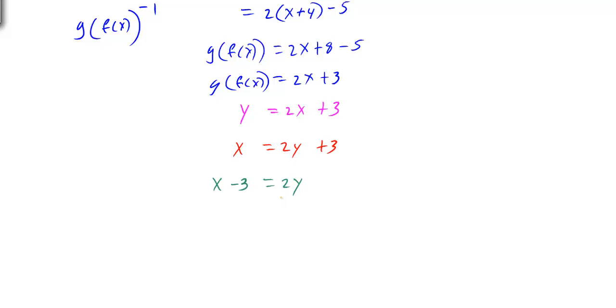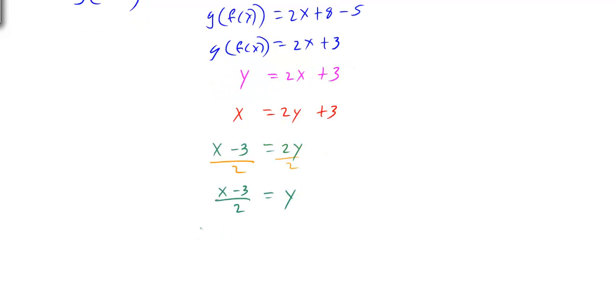And then we have to divide everything by 2. So we end up with y equals, and I guess we could just divide this whole thing by 2 to make it easier. Since nothing's going to cancel out, we could think of it this way. And we would simply have x minus 3 divided by 2. So therefore, this is going to be your g of f inverse here.